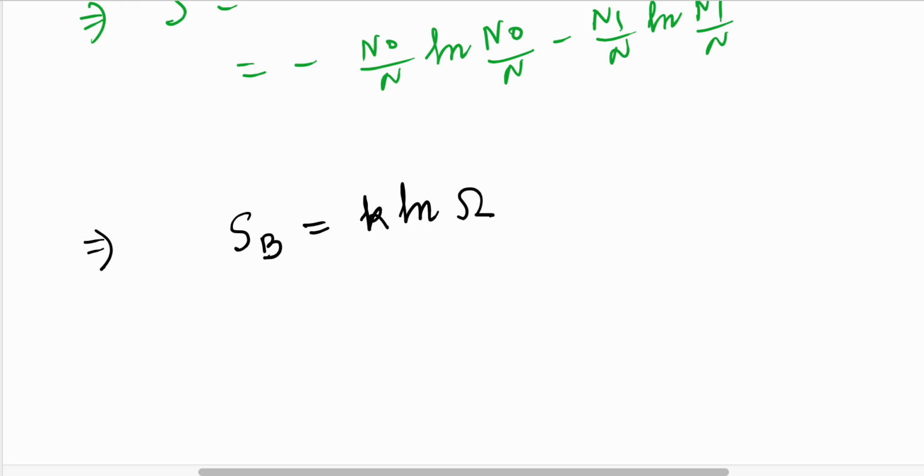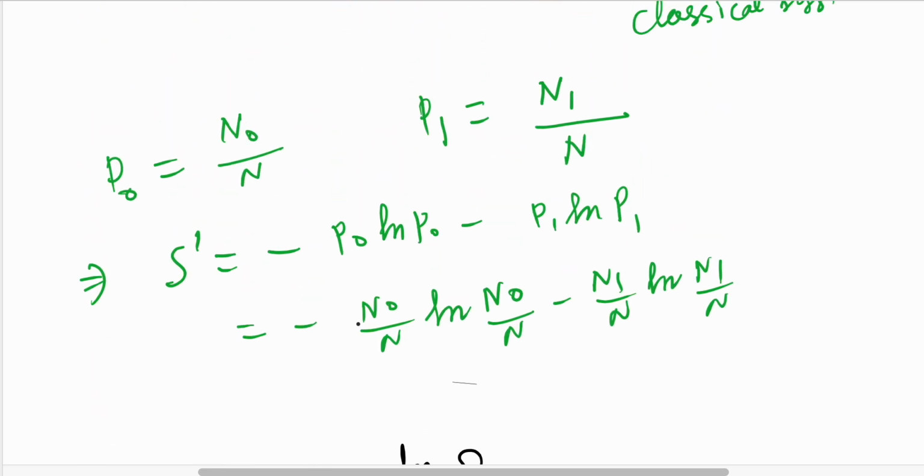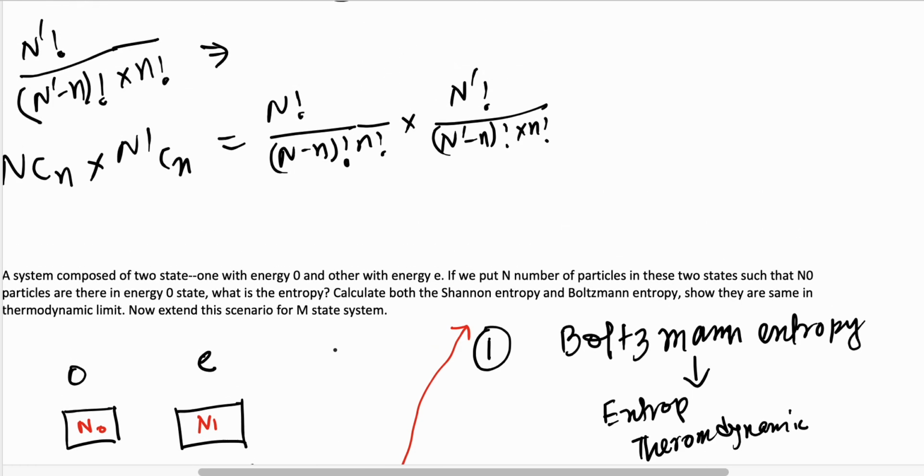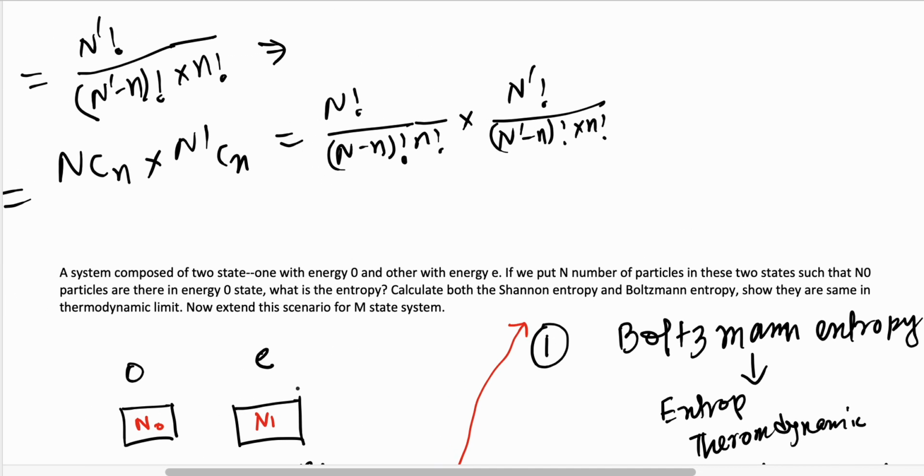If I take K equal to 1, then we get SB equal to simply ln W. So all we have to do to calculate the Boltzmann entropy is to calculate the total number of microstates. So let's do it as we did in the previous question.